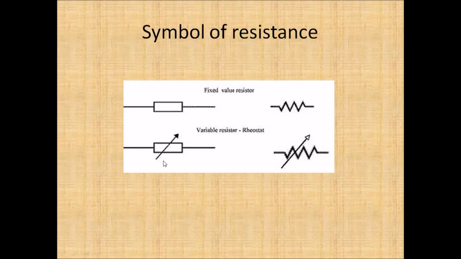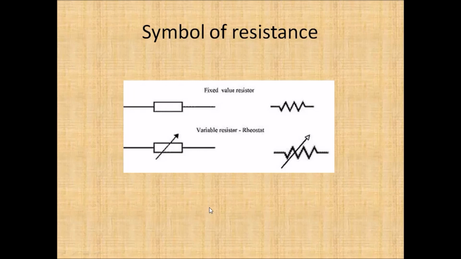This inclined arrow actually represents a variable value, not only for resistance but with other parameters also. Like if you are using an inductor or a capacitor, and the inclined arrow is associated with their symbol, then it represents that the quantity or the parameter is variable. So these are the symbols to represent fixed and variable resistors.